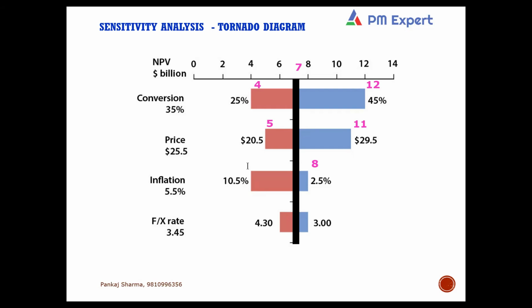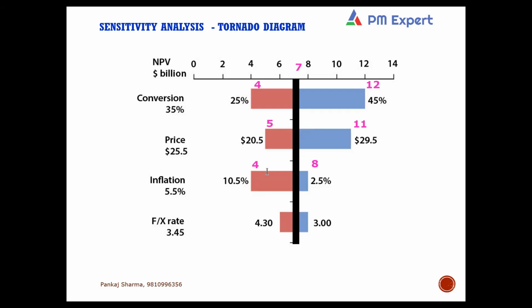Only 4. So because of inflation as a risk, my profitability can vary from 4 billion to 8 billion. Is that okay? Now, just one thing: these horizontal bars are coming from predictive analytics, not a dummy figure or a hit and trial.